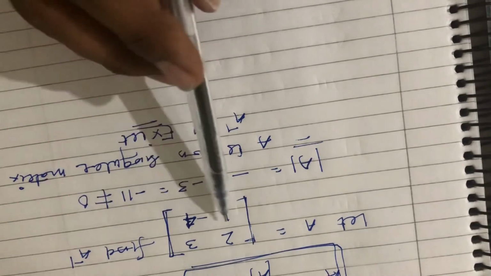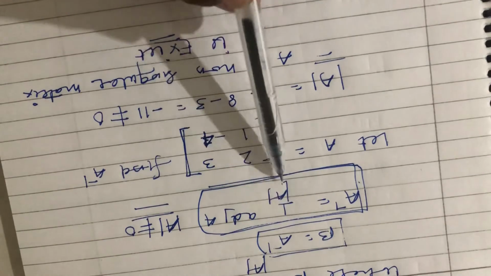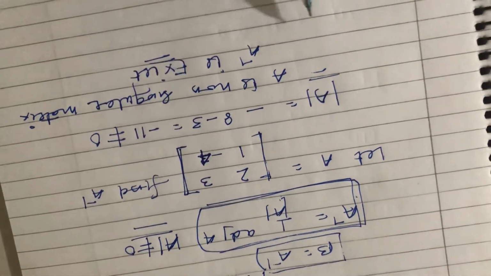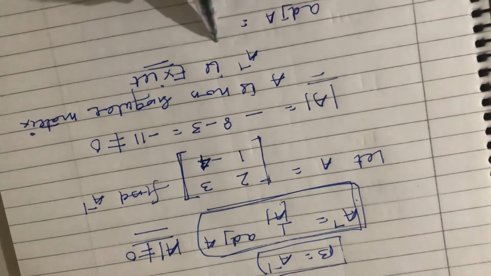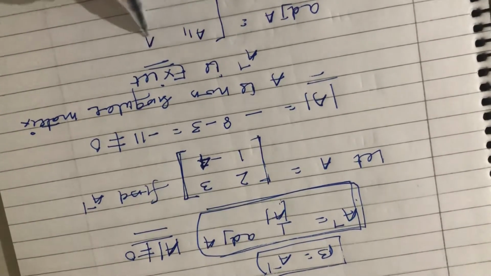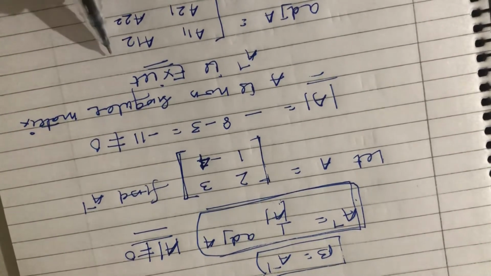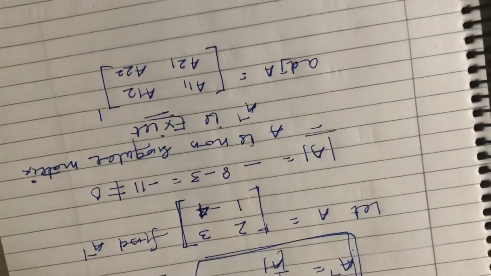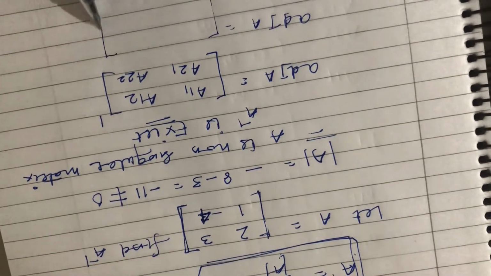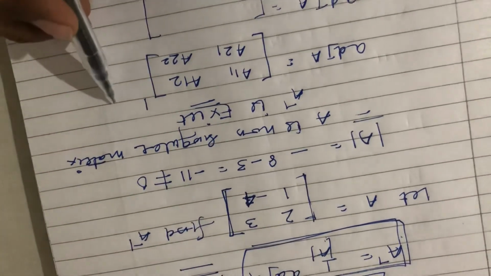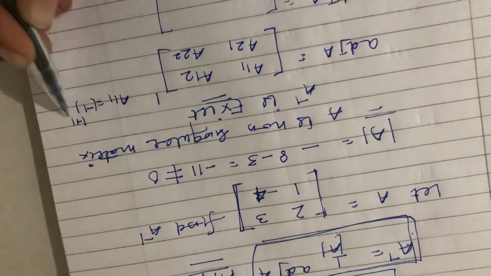Then we want to find the adjoint. We have the formula A inverse is equal to 1 upon its determinant into adjoint of A. How do we find the adjoint? Adjoint of A is the transpose of the cofactors of the elements. First we find A11: it is minus 1 raised to power 1 plus 1 into M11.